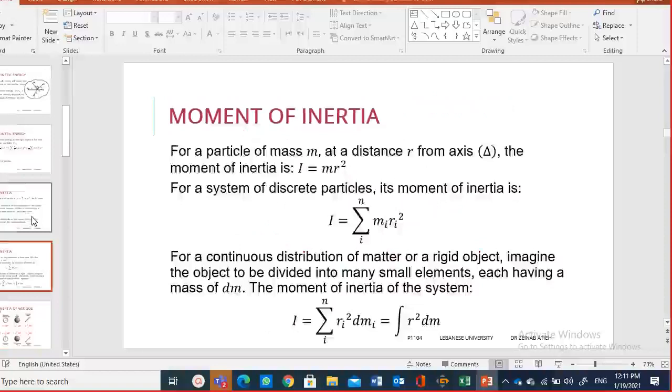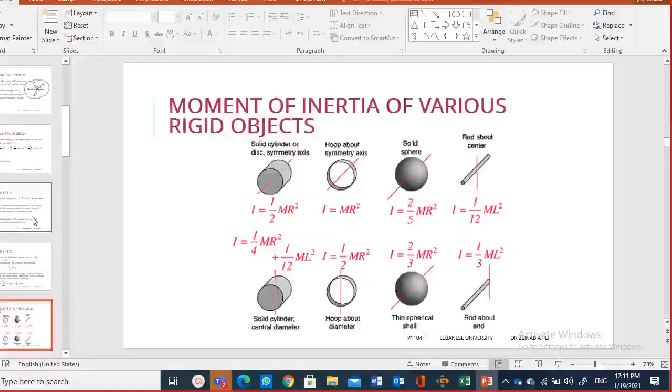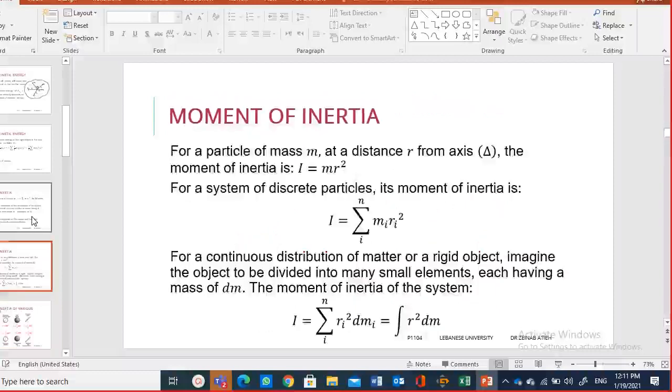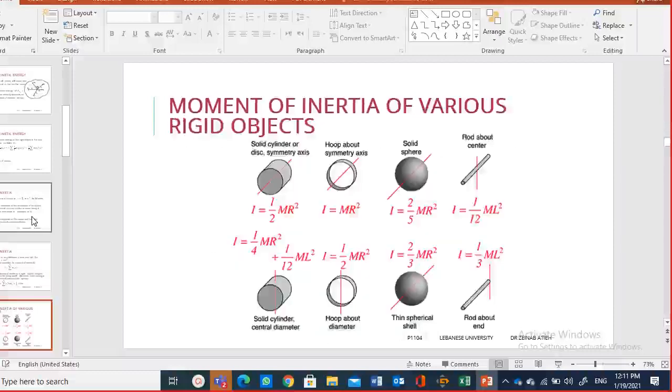For a group of particles, I just add them, all of them. For a disk or a solid, I integrate. So this integral will give me these formulas that I already know. These formulas are for the axis shown in the figure; if the axis changes, I changes. So for each case, this is the moment of inertia of this shape with respect to this chosen axis.